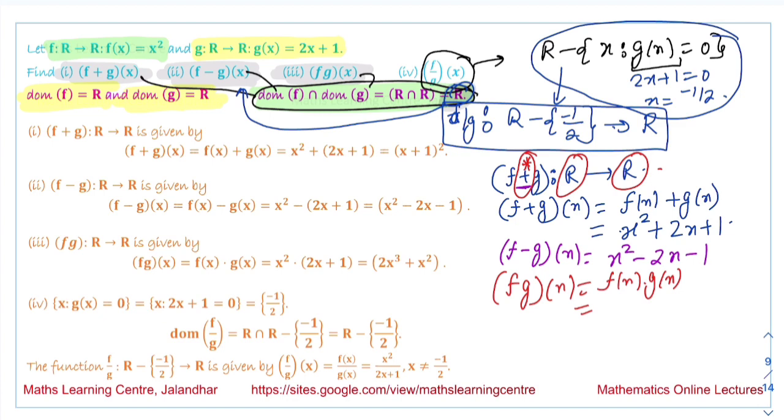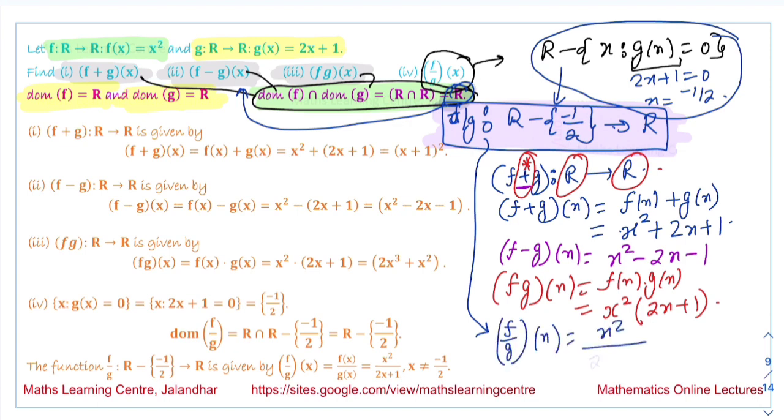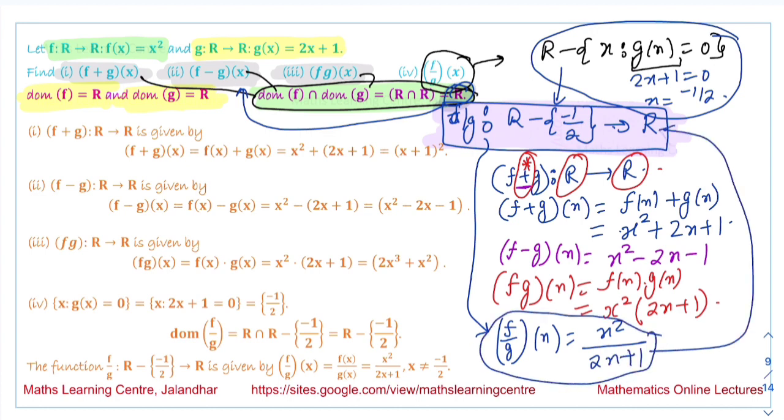What is f of x over here? It is x square, and g of x is 2x plus 1. Last we have f of x over g of x. We have mentioned that the domain of this function is R minus {minus 1 by 2}, and the range or codomain is R. So f over g of x is equal to x square over 2x plus 1, and the domain and codomain of these functions are mentioned here.